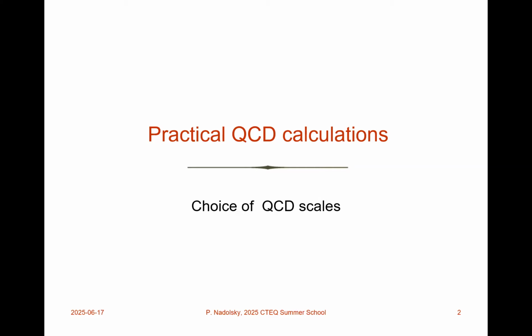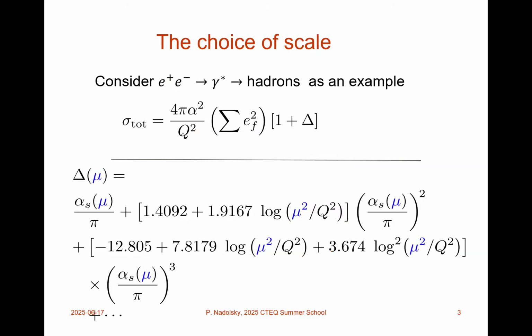Okay, what I would like to discuss now quickly are the other issues related to the choice of the QCD scales. Let's take another example, which is a purely infrared safe observable: the ratio, the total cross-section for hadron production in e plus e minus collisions. As we discussed already, this cross-section is infrared safe, and it doesn't contain any PDF or fragmentation function.